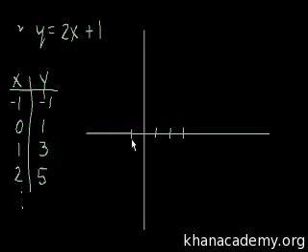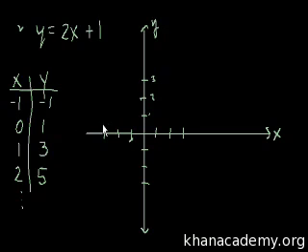This is -1, -2, -3. So this is the x-axis. And this is the y-axis, with 1, 2, 3, and so on. This would be -1. I think you get the idea.